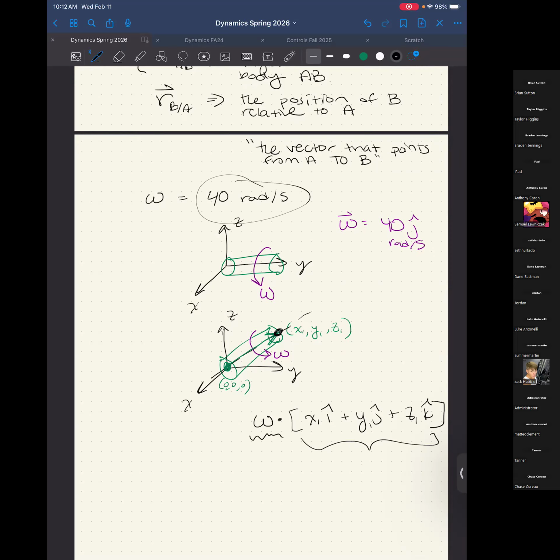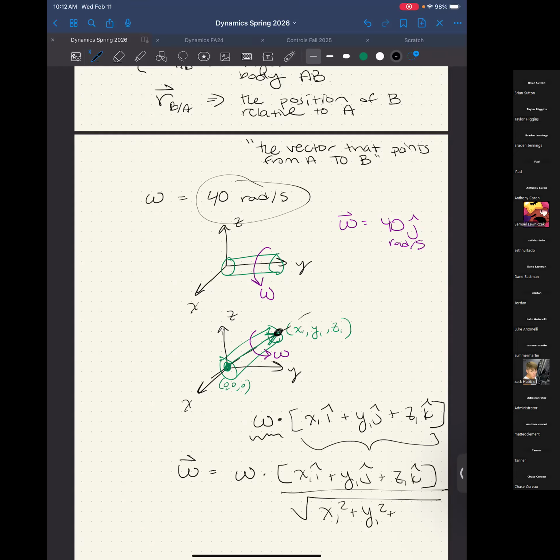So what you have to do is turn this vector into a unit vector by dividing it by its magnitude. So in this case, omega equals omega times x1 i hat plus y1 j hat plus z1 k hat divided by the square root of x1 squared plus y1 squared plus z1 squared. Okay, so we just divide each component by the overall magnitude. That becomes a unit vector. Now we're happy.